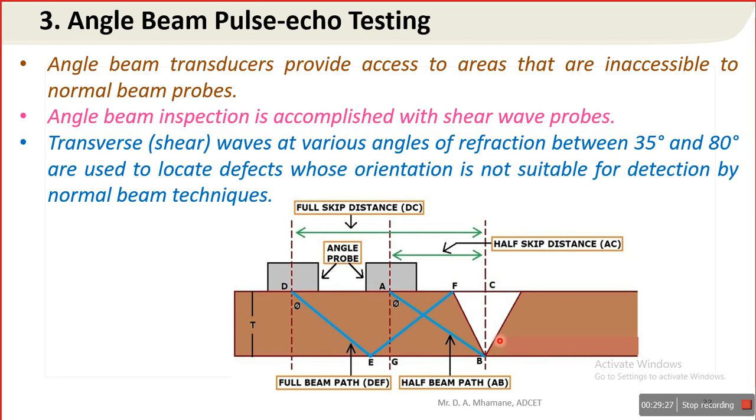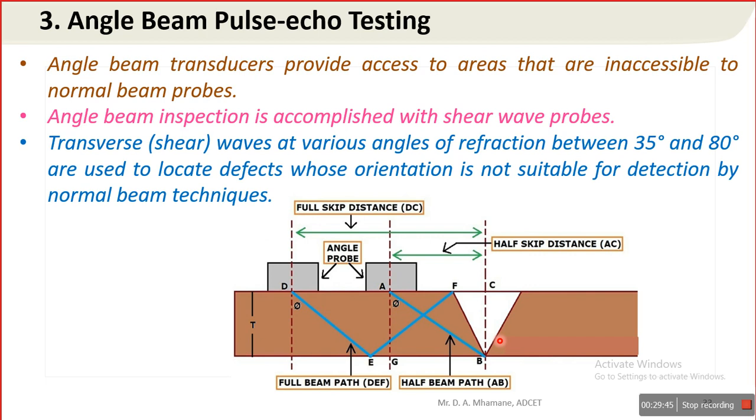So transverse waves at various angles of refraction between 35 and 80 degrees are used to locate defects whose orientation is not suitable for detection by the normal beam technique.